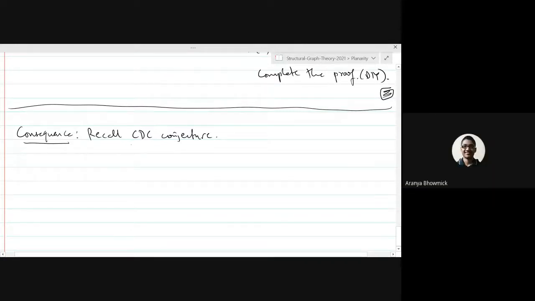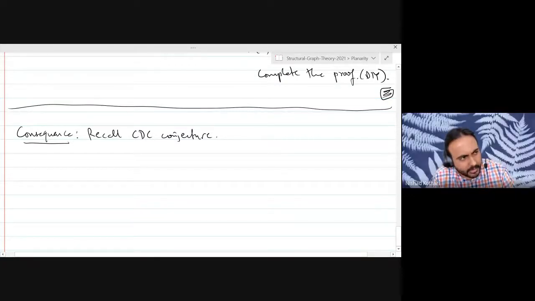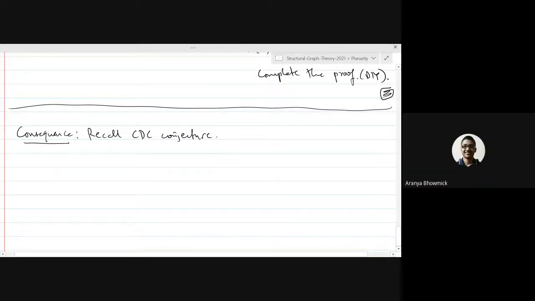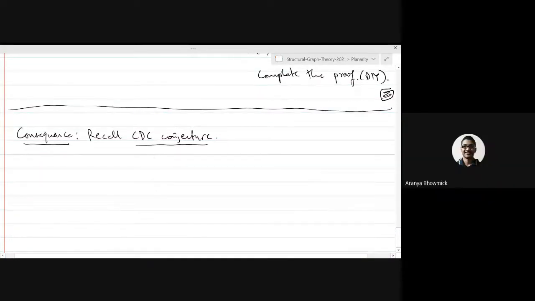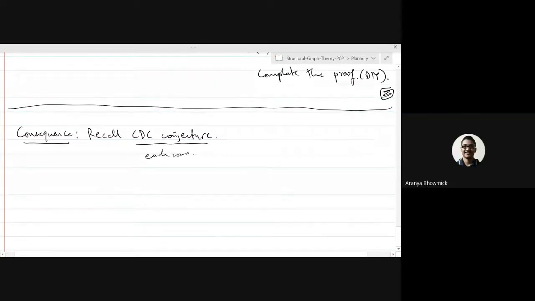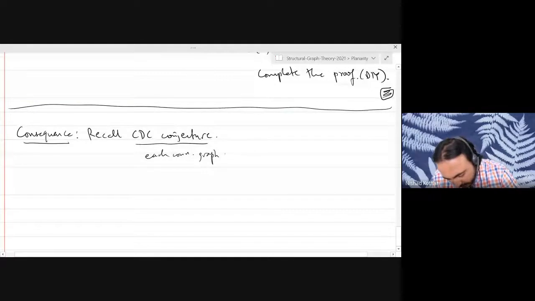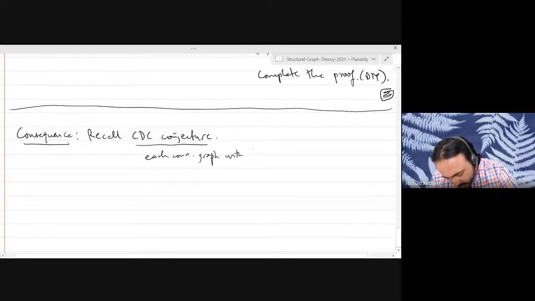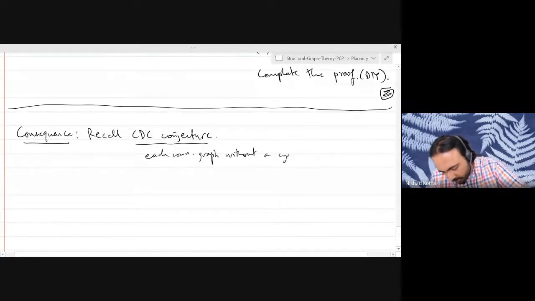Sir, every non-separable graph without a cut edge has a cycle double cover. Non-separable already cannot have a cut edge, right? Not non-separable, I mean, every connected graph without a cut edge has a cycle double cover.